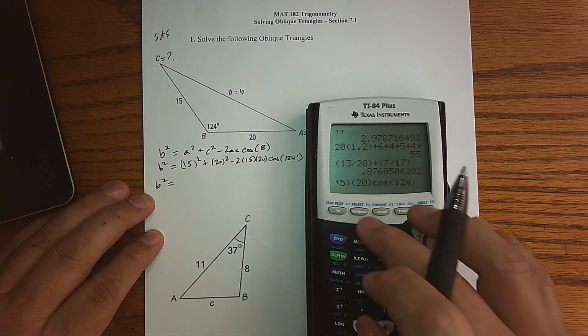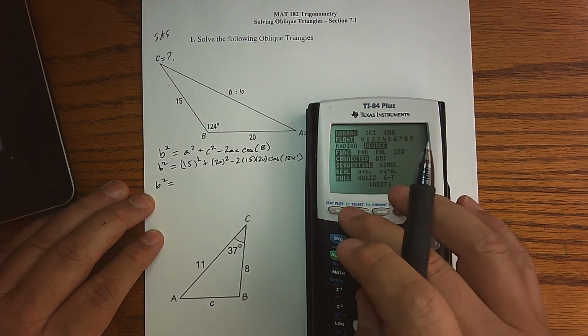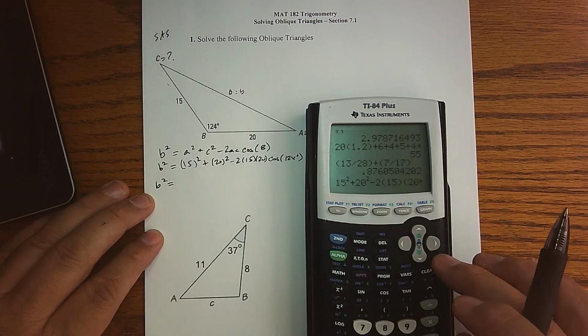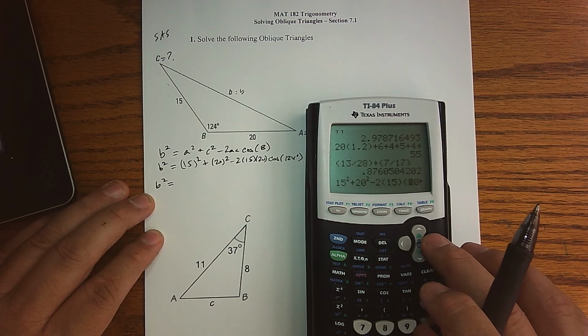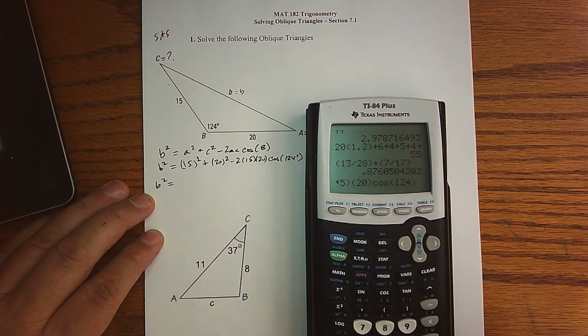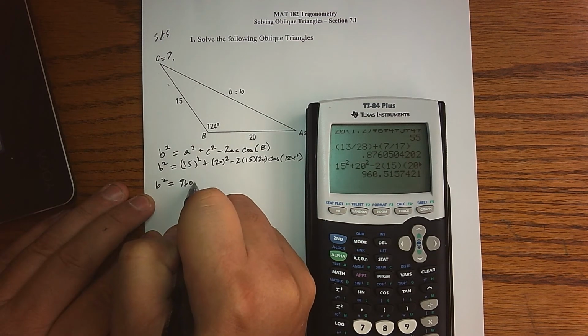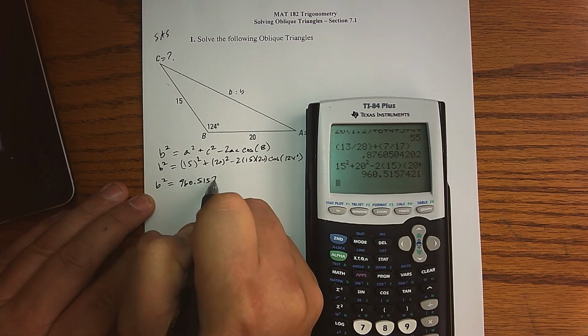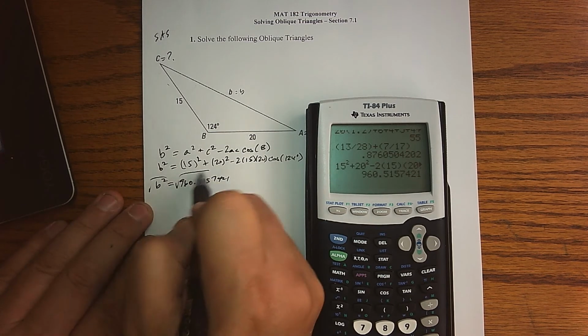First off, I should have checked that my mode's in degrees, so let me check that. So I have 15 squared plus 20 squared minus 2 times 15 times 20 times the cosine of 124. What I get is 960.5157421.